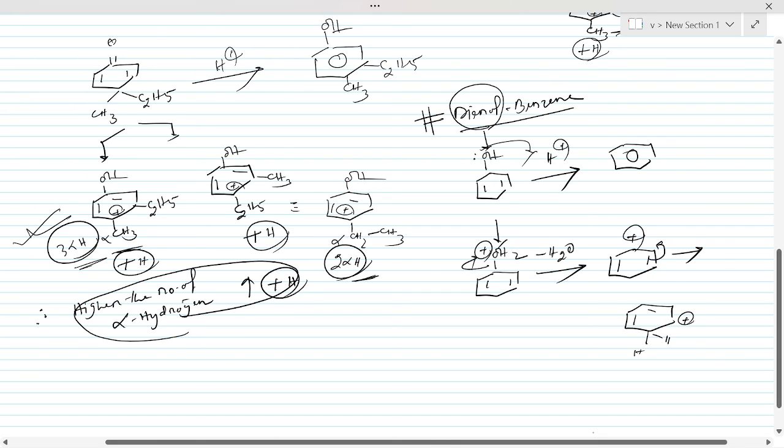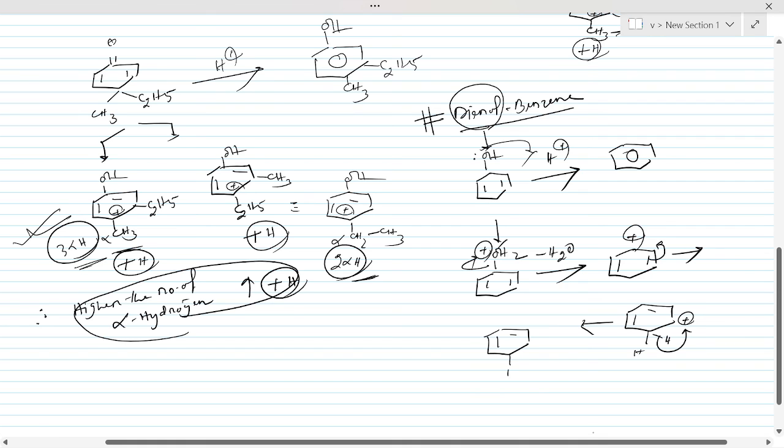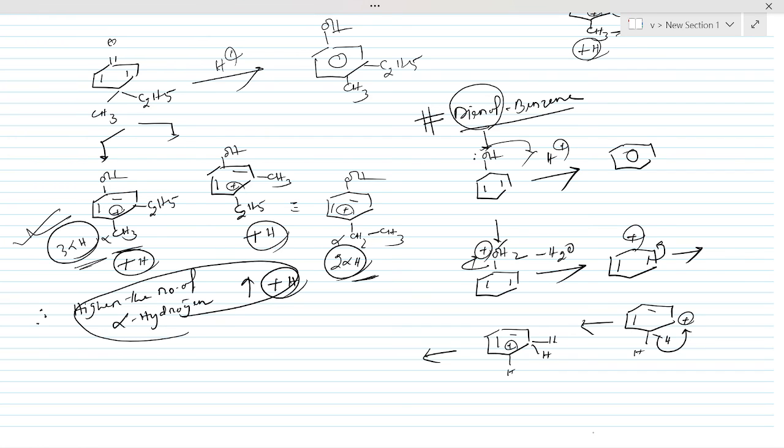Now here two hydrogens. One of the hydrogens will migrate to the next carbon as a hydride to form this ionic intermediate. After formation of that, one of the hydrogens is removed and forms benzene. So here also the driving force is aromatization.